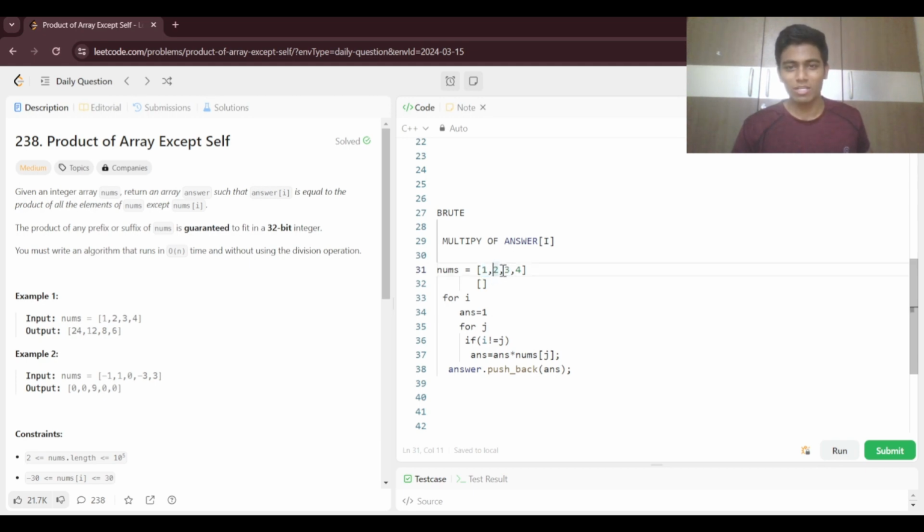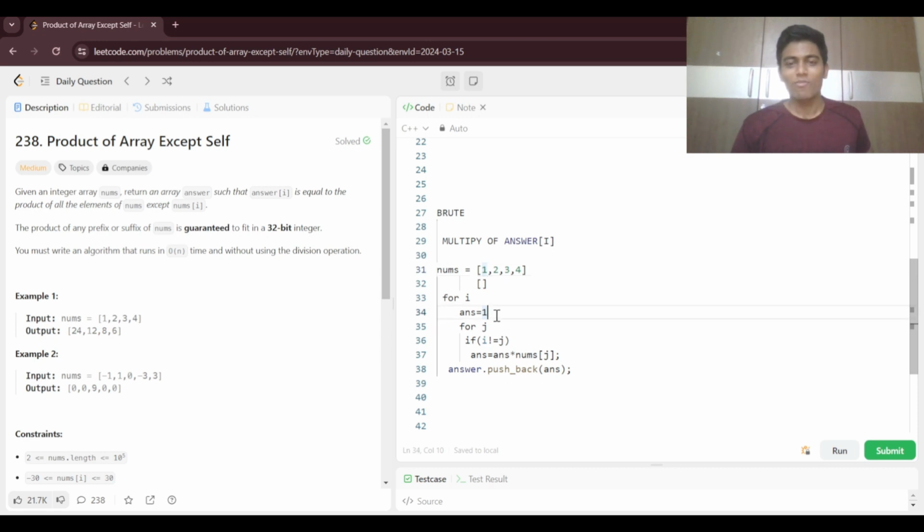But what about the other case? Suppose we want this particular multiplication. That means we need to store this multiplication in some array, such that whenever we get here, we consider the multiplication of the next indexes, and also the multiplication of the previous elements.